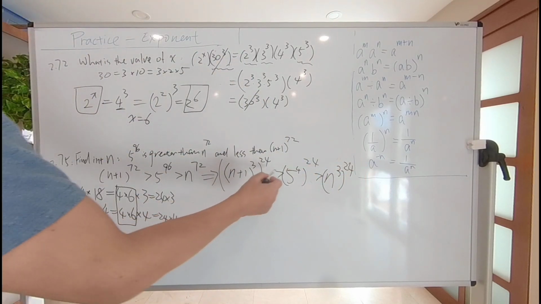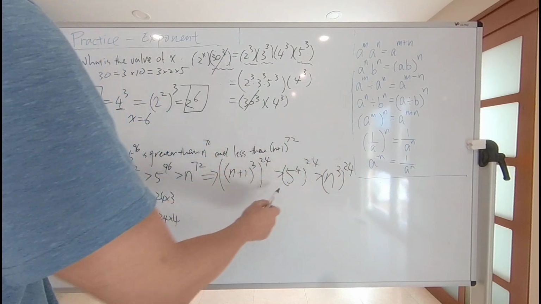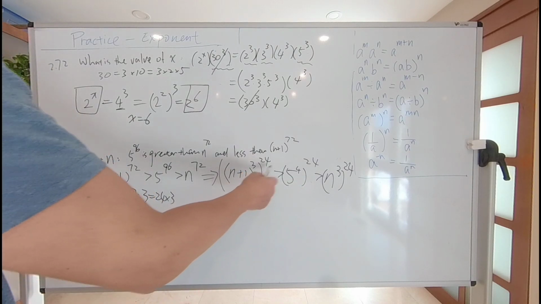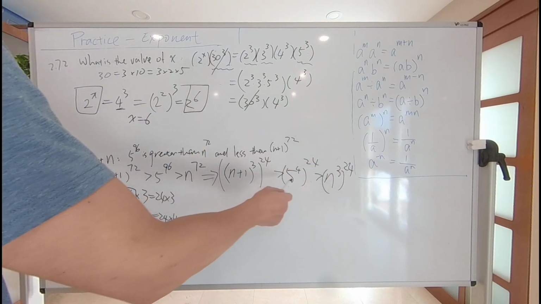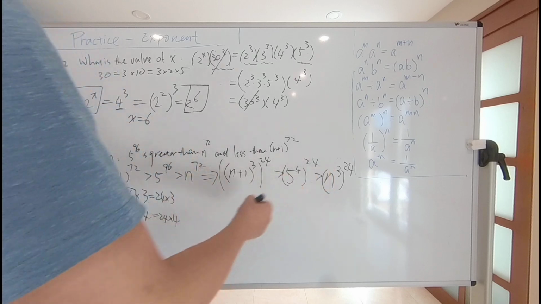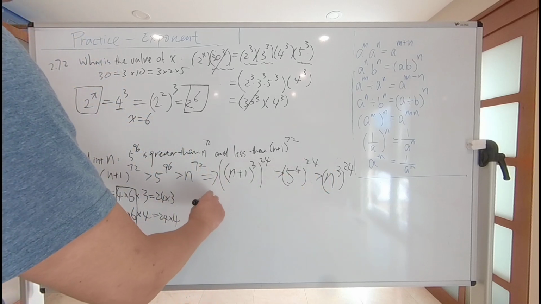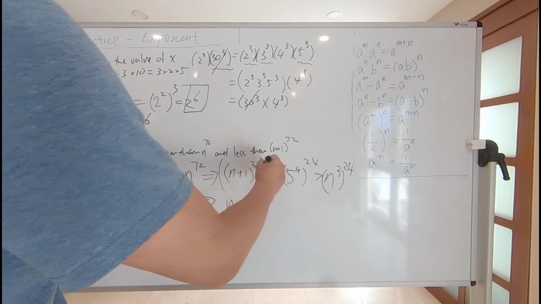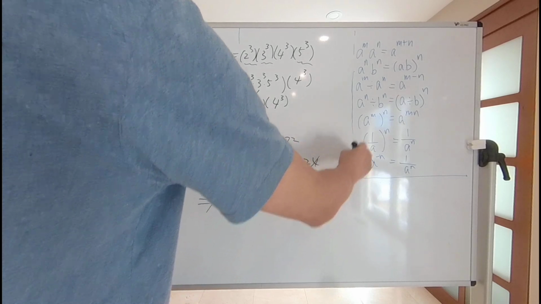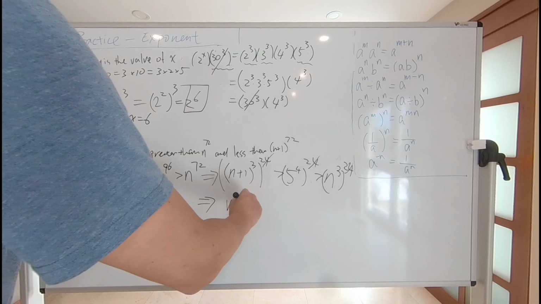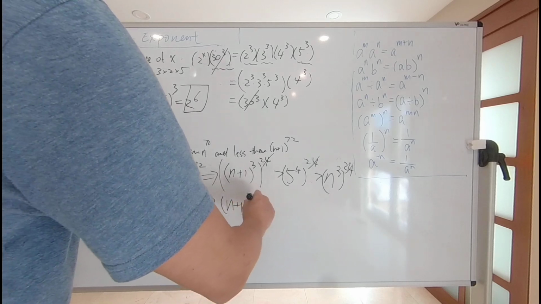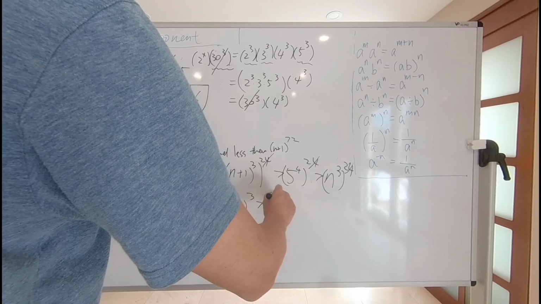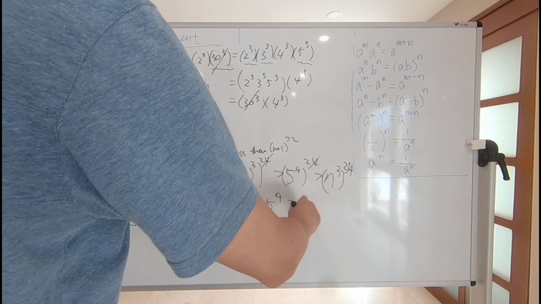So now I have the same power in this inequality. And these are positive numbers, base numbers are all positive, powers are all positive. So this means it's equivalent to say that n plus 1, so I can remove the same power. So n plus 1 cubed is greater than 5 to the 4th power, which is greater than n cubed.